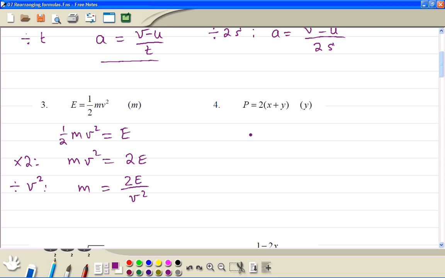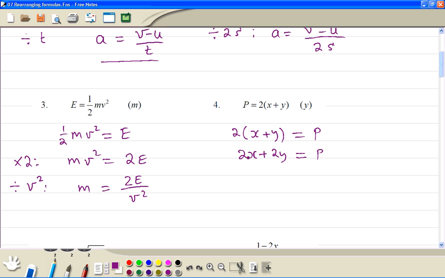Number 4, first we write the right hand side on the left hand side, so 2 in bracket x plus y is equal to p. Now we remove the bracket, so we have 2x plus 2y equal to p.